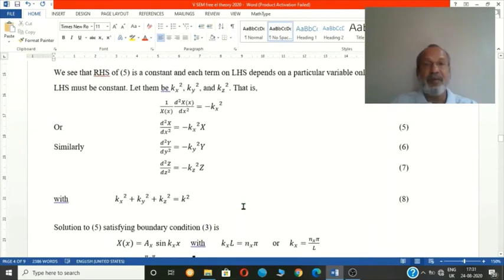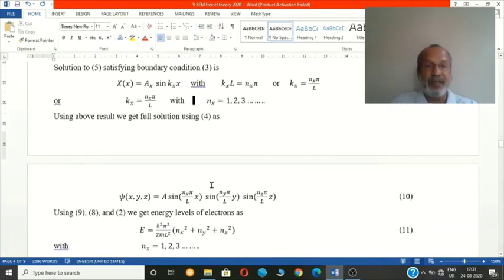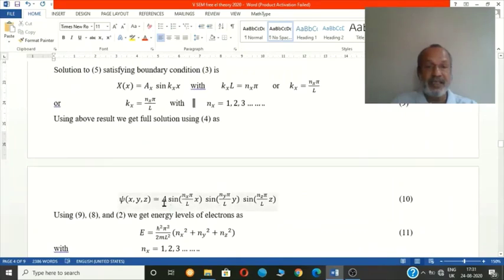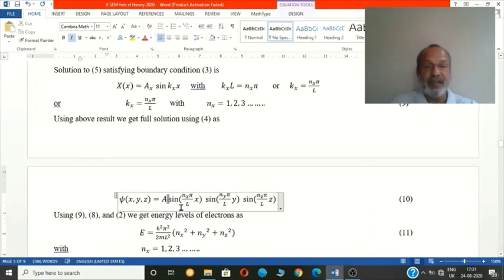So we can combine all these results and obtain the solution as some normalization constant times sin n pi x by L, sin n pi y by L, sin n pi z by L. That product of these is capital X, this is capital Y, this is capital Z, a product of three functions.